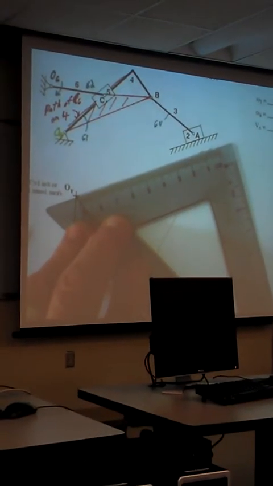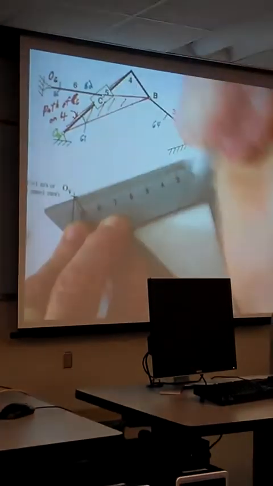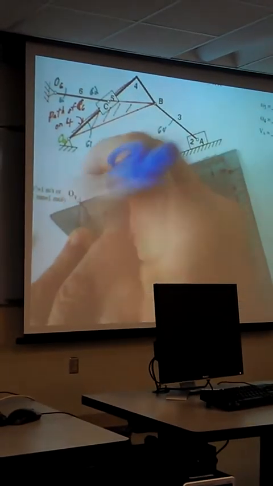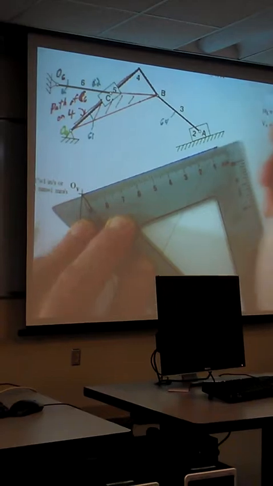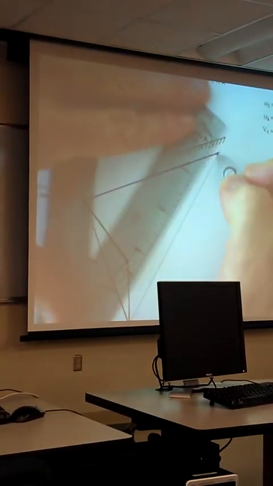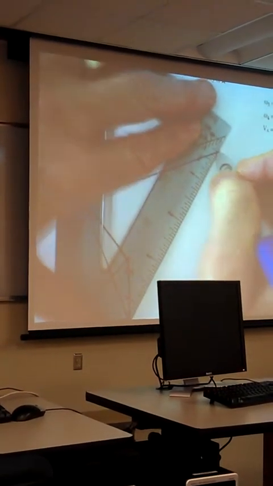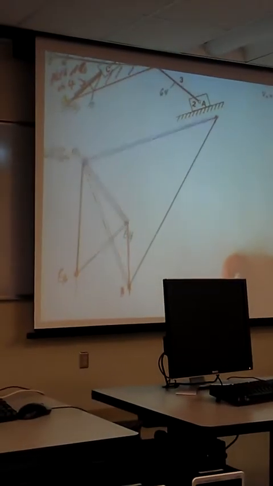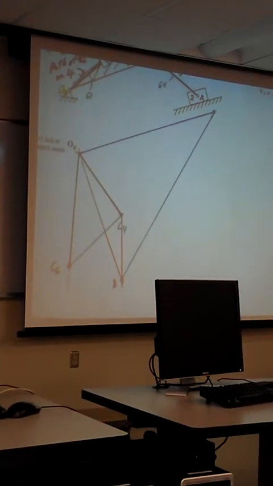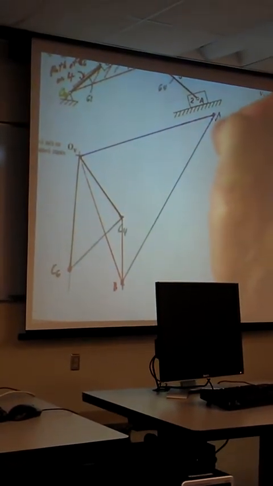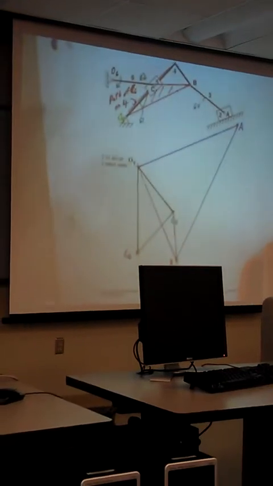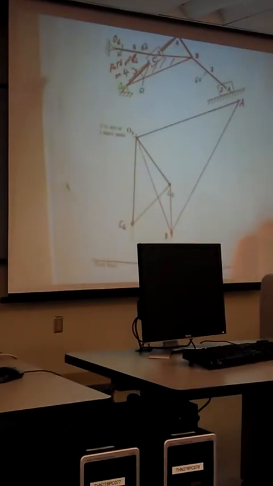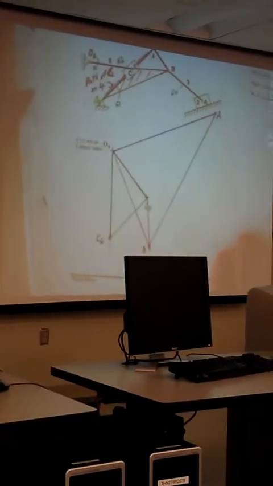And that is going to be this line right here. The last thing I have to do is to label point A. That completes the velocity polygon. Questions?